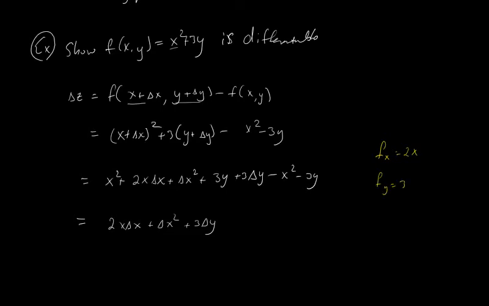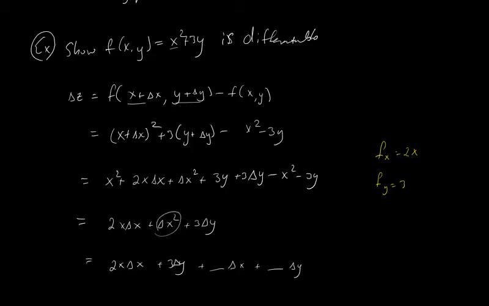So we want to have this written as 2x times delta x plus 3 times delta y, plus something times delta x plus something times delta y.